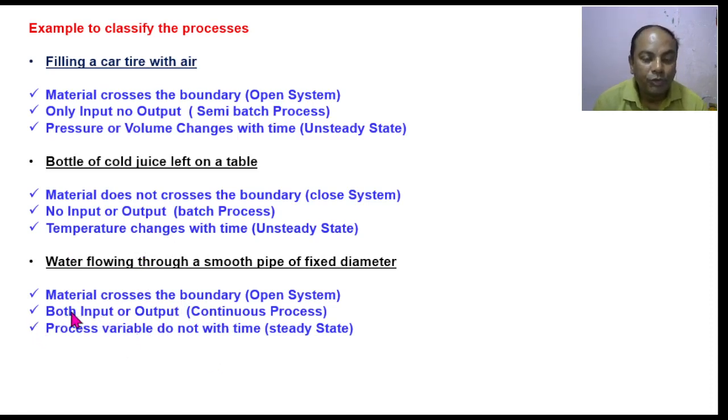If you take any section, you would see that the water is flowing at the same rate, the pressure in the pipe remains the same, and the volume occupied by water remains the same. Therefore all the process variables do not vary with time. It remains steady throughout the process, and therefore it is operating under steady state condition.